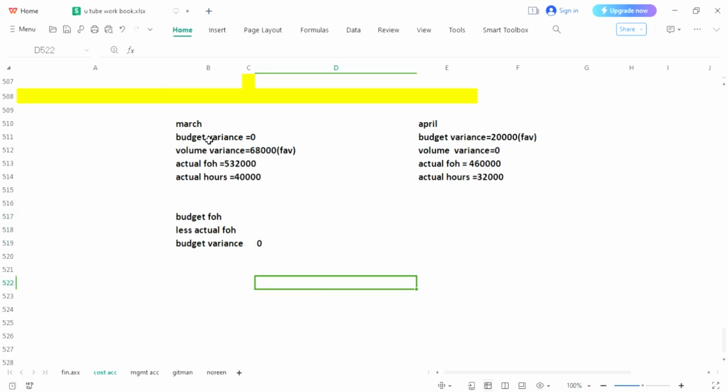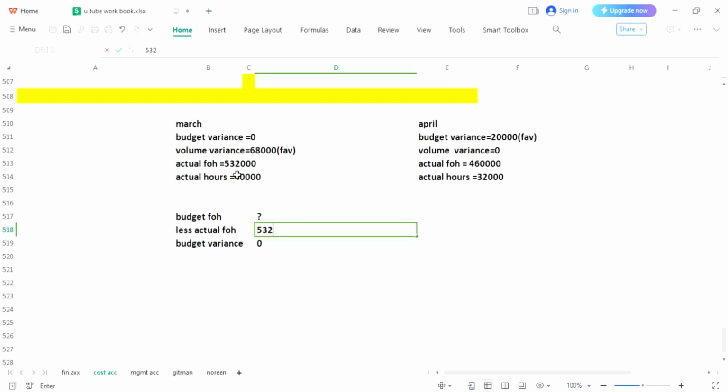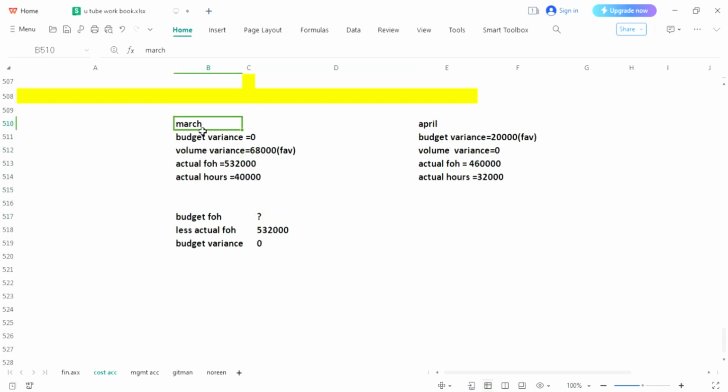Budget FH is not available over here, so you can mark it with a question mark. Actual FH is 5,32,000. Be focused, please. Now you want to calculate your budget FH for the month of March. So what will you do?